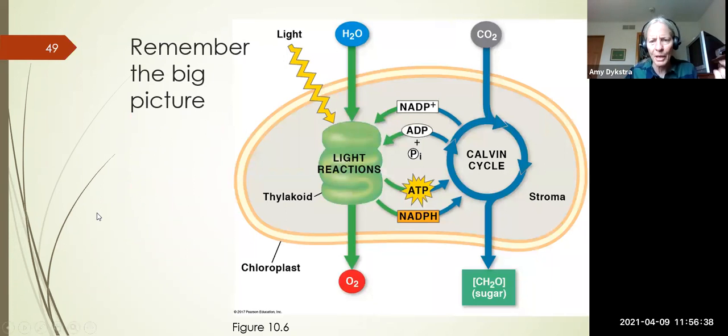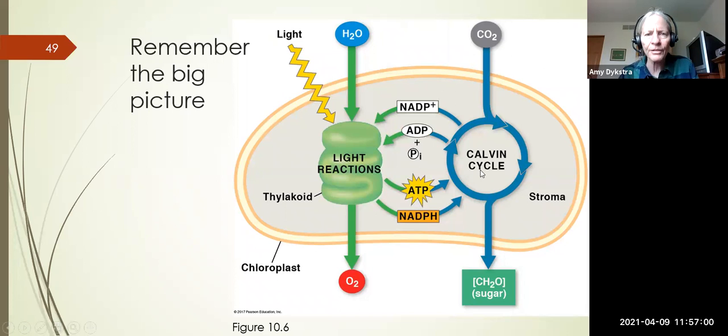All right, remember the big picture. We just looked at the light reactions. Light energy is stored in ATP, and electrons from water are stored in NADPH. The ATP and NADPH then provide the power, the reducing power and the energy, to run the Calvin cycle.